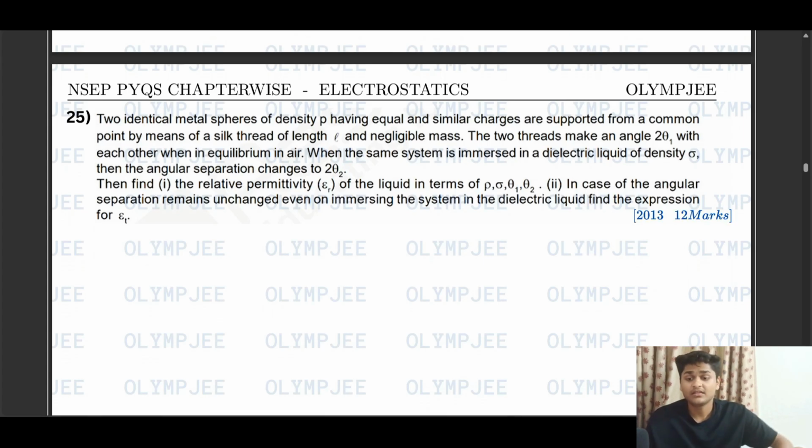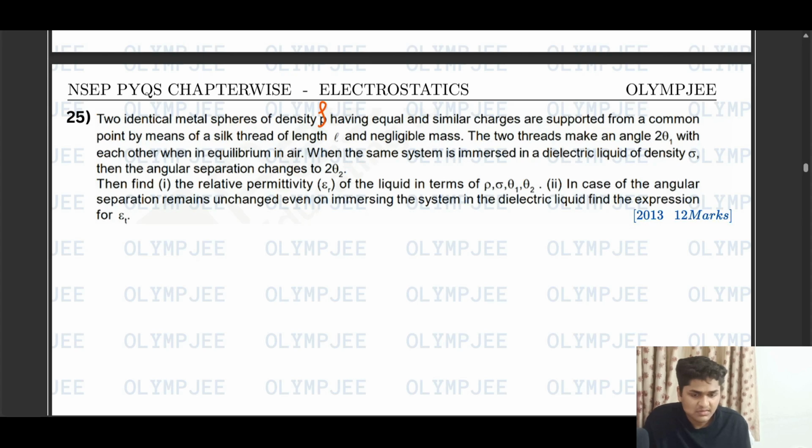Two identical metal spheres of density rho, this should be rho, having equal and similar charges are supported from a common point by means of a silk thread of length L and negligible mass. Two threads make an angle 2 theta 1 with each other when in equilibrium in air.